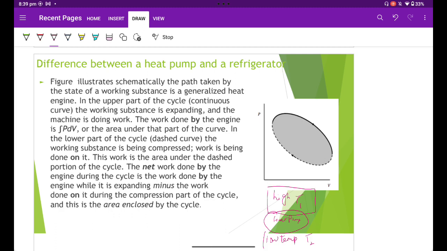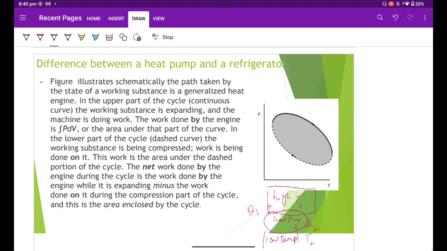There will be an absorption of heat Q2 from the sink or the cold body at temperature T2 and transfer of an amount of heat Q1 to the high temperature reservoir T1.